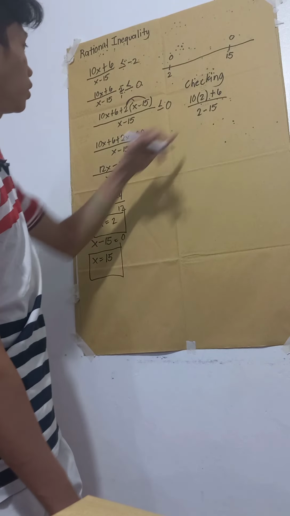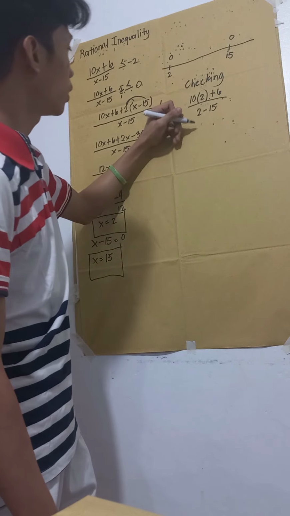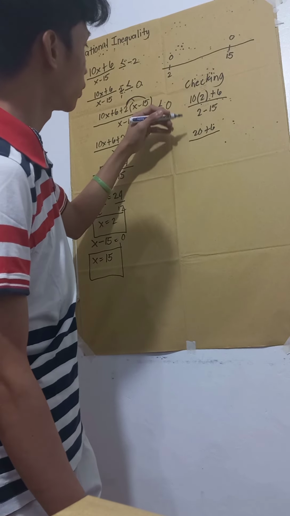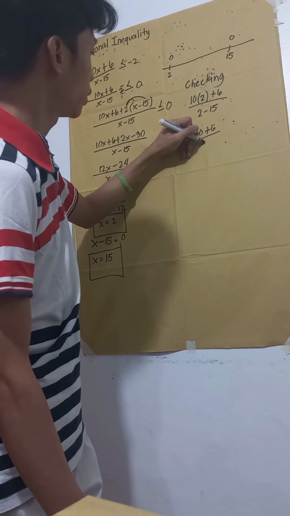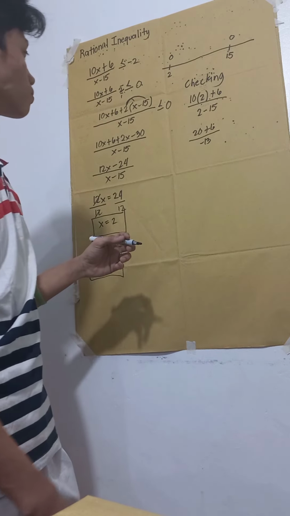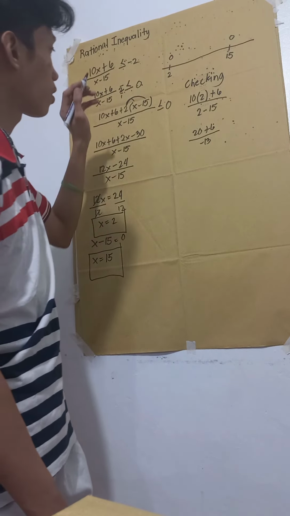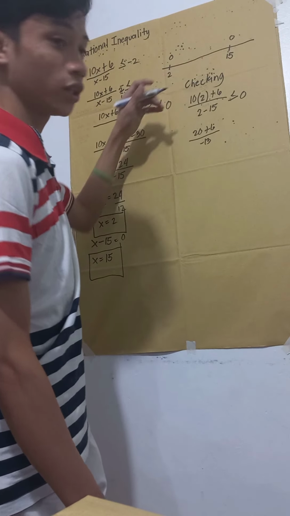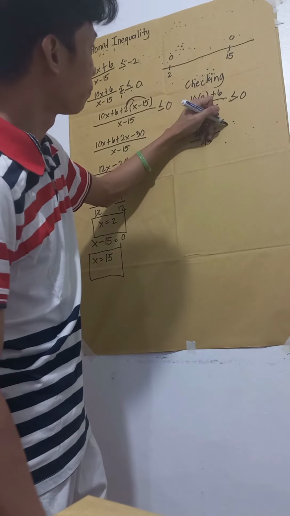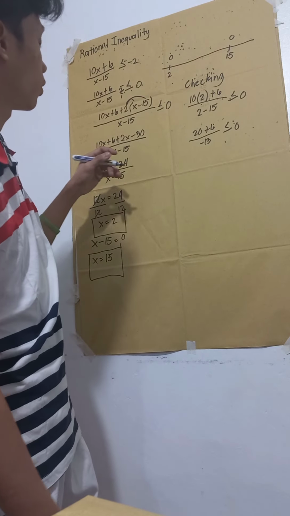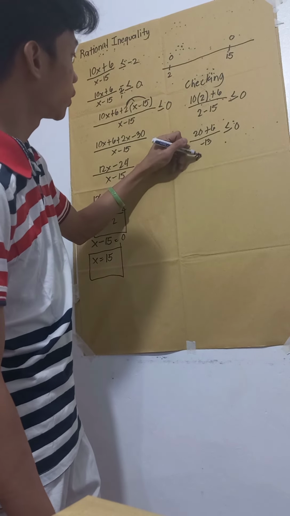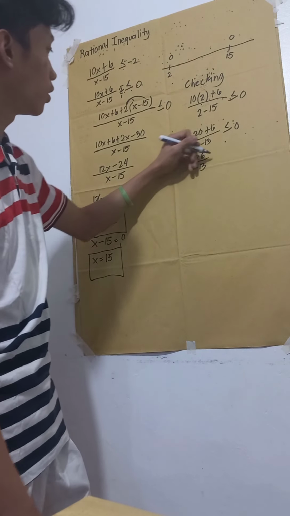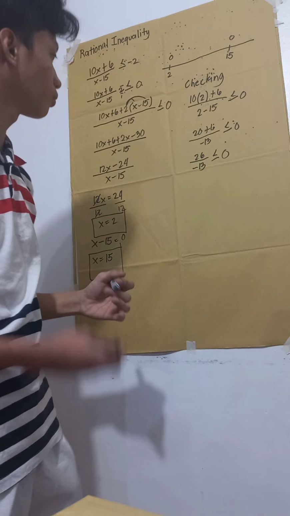So that would be 20 plus 6, which is 26, and 2 minus 15 is negative 13. I forgot this one, less than or equal to 0. Sorry. So that would be 26 over negative 13 less than or equal to 0.